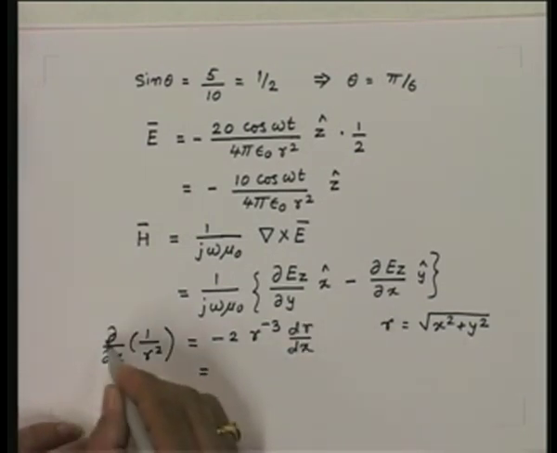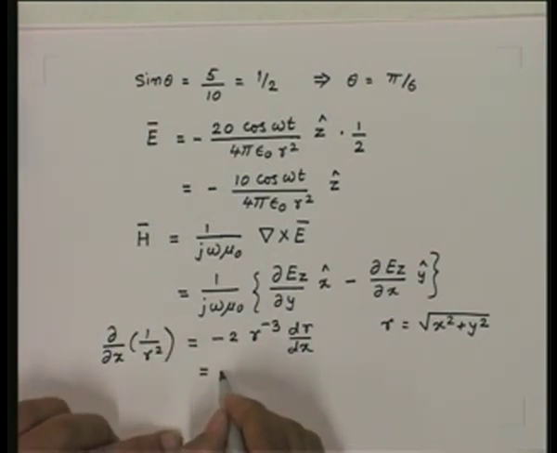So you get d by dx of 1 upon r square, that is minus 2 x upon r to the power 4.